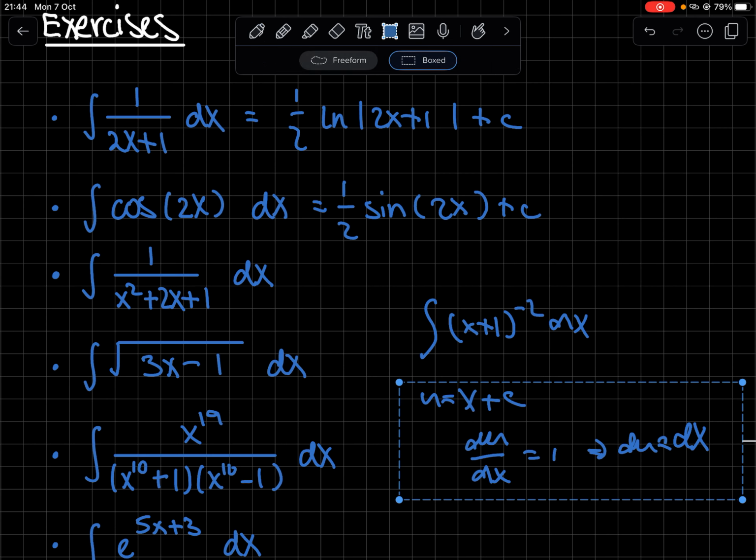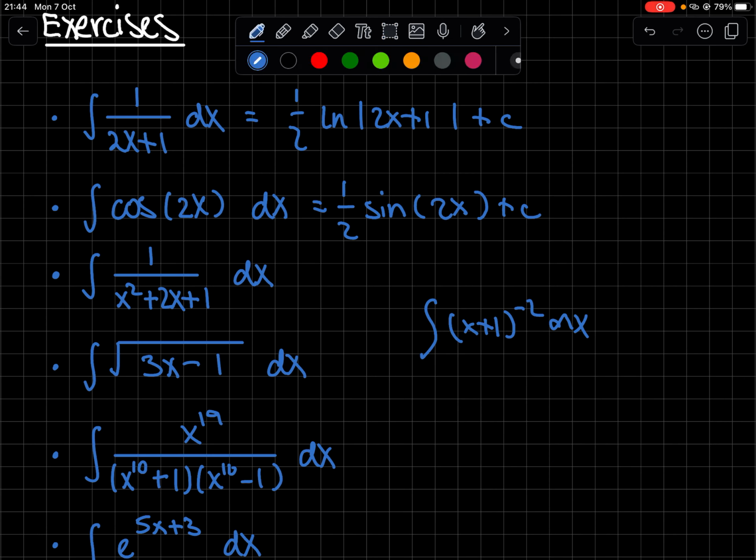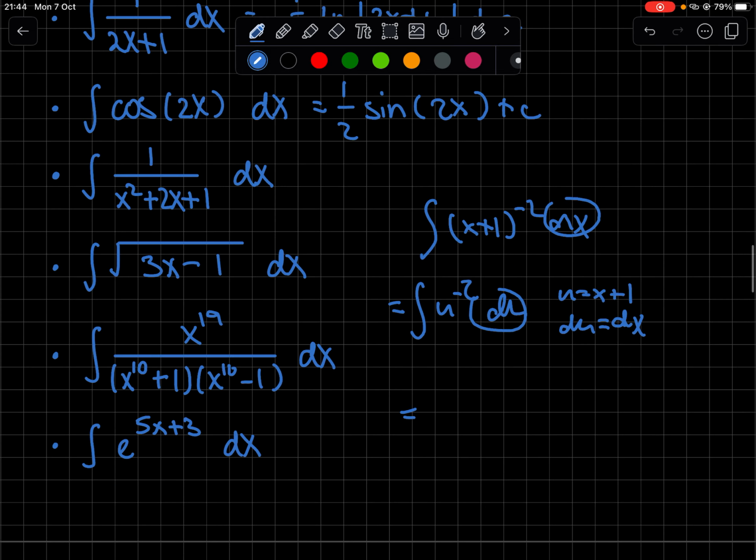So that is the case for us here. We can just say u equals x plus 1, so du will be equal to dx. So this just becomes the integral of u to the power of -2 du, because dx and du are equal. And then integrating will give us -1 over u, I believe.